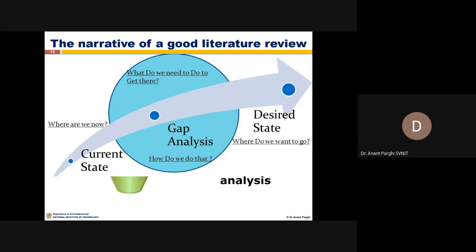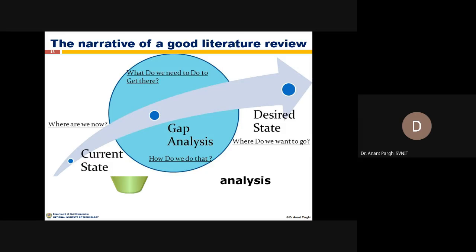And then, how do we do this research, which means you do the gap analysis, right? So you conduct the review of literature, so you will be able to find out the specific problems and the solution, right?